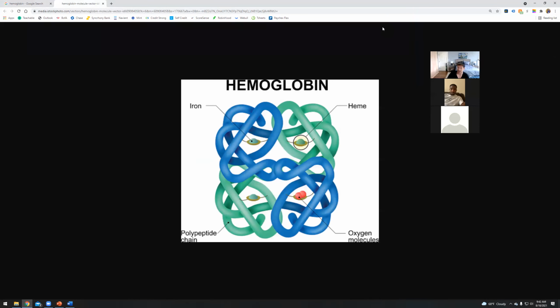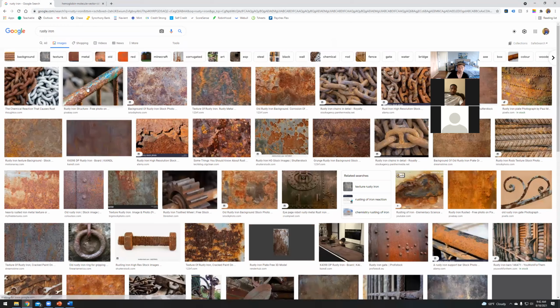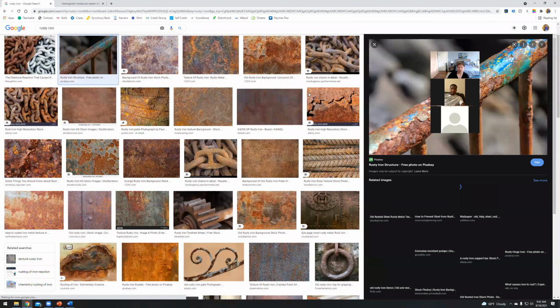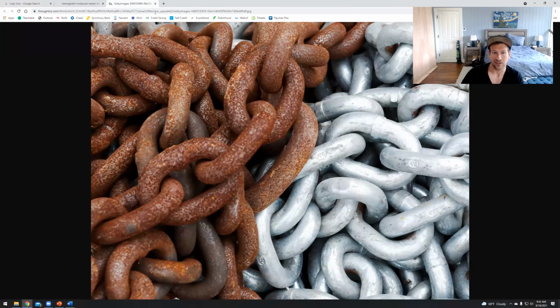You guys have actually seen this plenty of times throughout your life. If you've ever seen something that is rusty, the reason rust is this bright red color is because that's what happens when oxygen binds to iron.